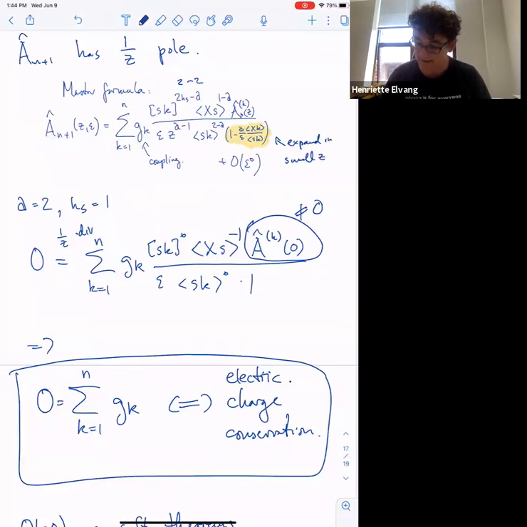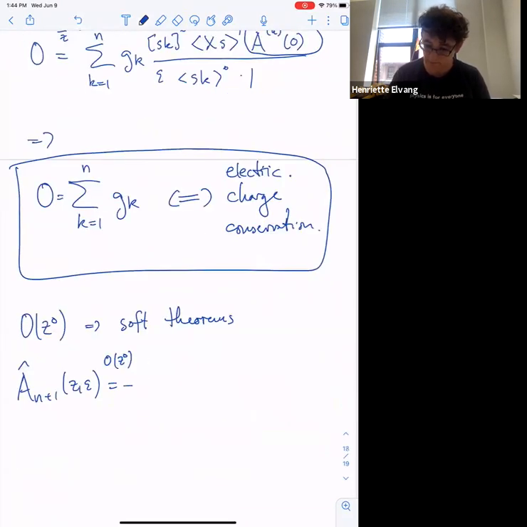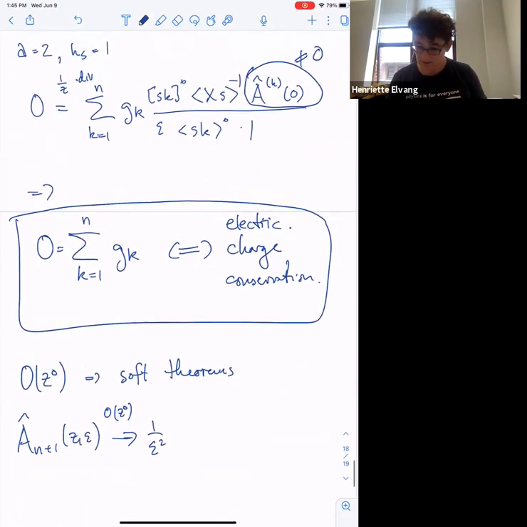What will happen then is that the z that comes from here cancels the z that came from there, and I'm left with a 1 over epsilon squared term. So I get something, let's write it as an arrow, that depends on 1 over epsilon squared. And then I have to see what else I get.